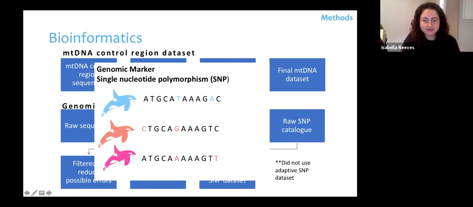So we can see that this light blue killer whale has a T and an A that's distinct to this individual. We can see the coral animal has a C and a G that's distinct to this individual. And we can see that the A and a T is distinct to this individual. So basically, the premise of what we're doing with this genomic data is we're comparing similarities and differences of sequences between individuals to look for patterns. And in this case, the kind of patterns we're looking for is to do with structure.